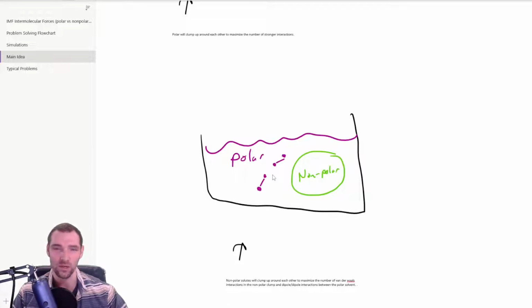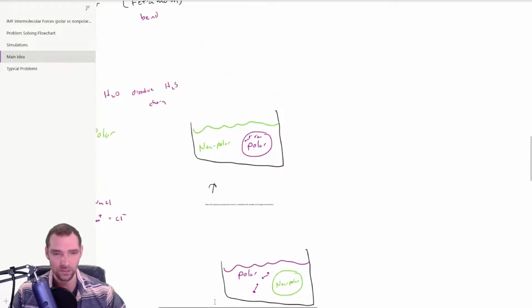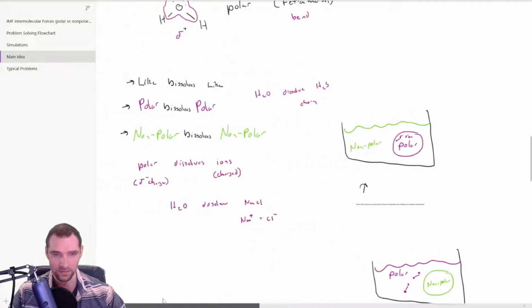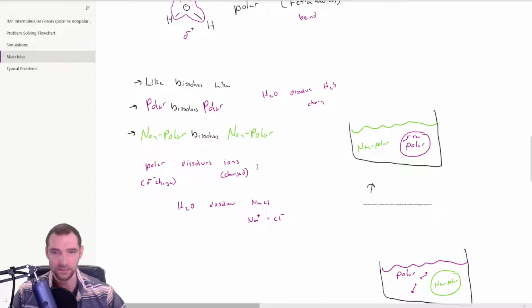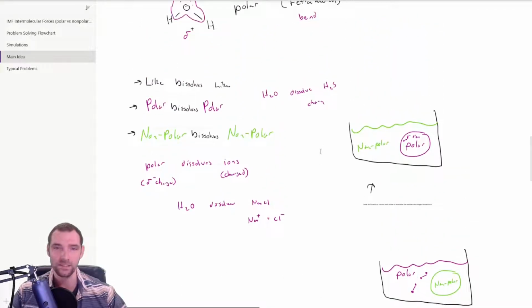So you get more strong interactions by sequestering the nonpolar molecules into one spot, so they clump together. So that's kind of what's going on with polar and nonpolar when we're talking about dissolves like. And also the same thing with ions. If things dissolve, that means that they're increasing stronger interactions.